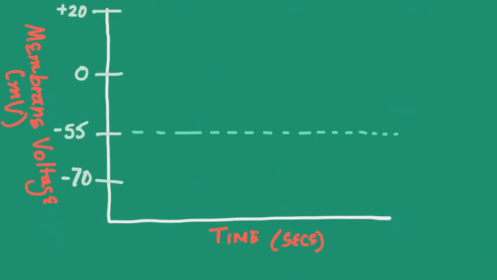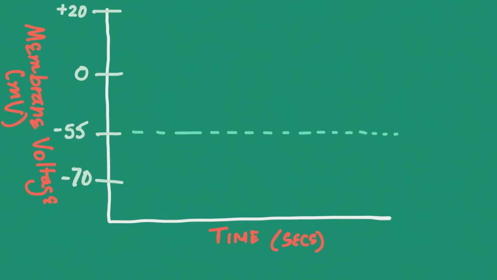Now let's take a look at the entire process using a graph. We'll start with the resting membrane potential, go on to the local potential, followed by the depolarization phase of the action potential, repolarization phase of the action potential, and back to the resting membrane potential. On this graph, on the x-axis, we have time in seconds.